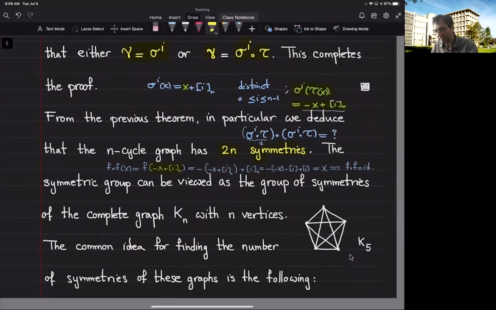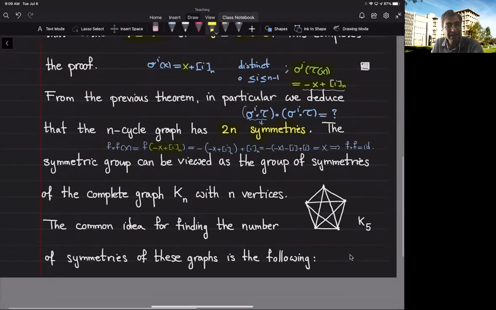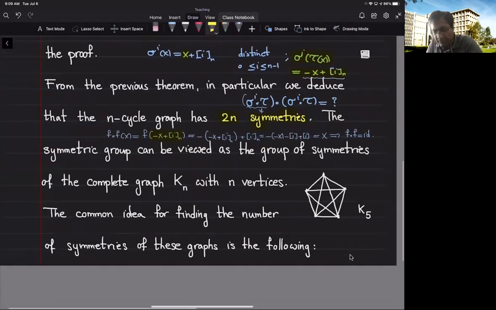Now let's see similarities between this argument and what we had for the symmetric group. By the way, the symmetric group itself can be viewed as the group of symmetries of the complete graph. What do I mean by complete graph? A complete graph is a graph where I connect every two vertices. I start with n vertices and I connect all of them. For instance, in this picture, we see K5. We start with 5 vertices and we start connecting all of them together.